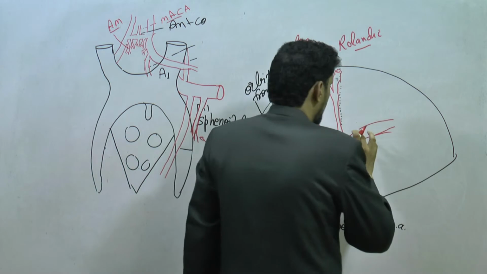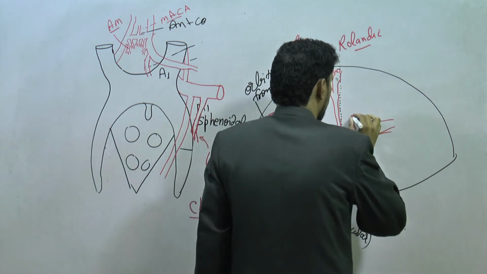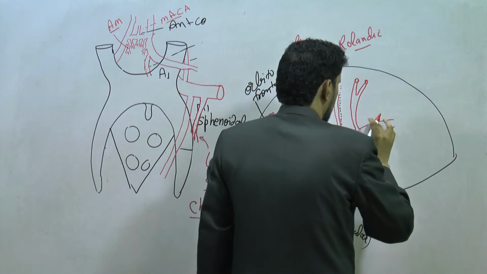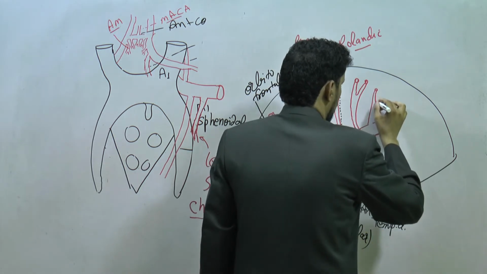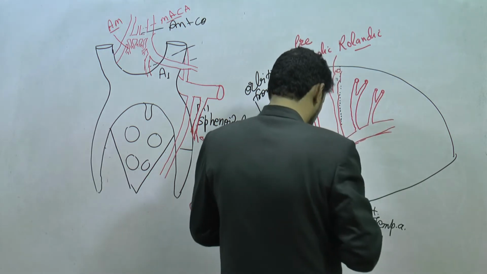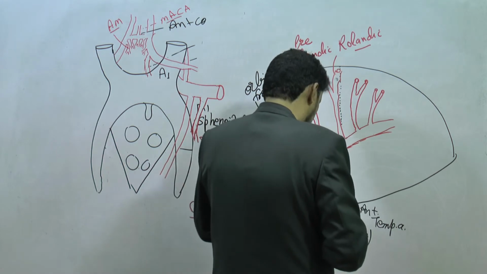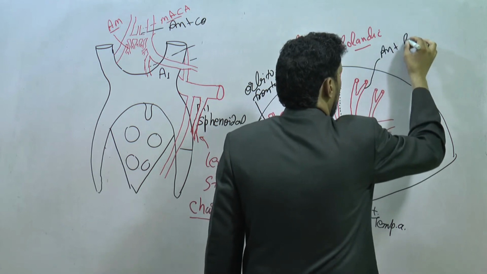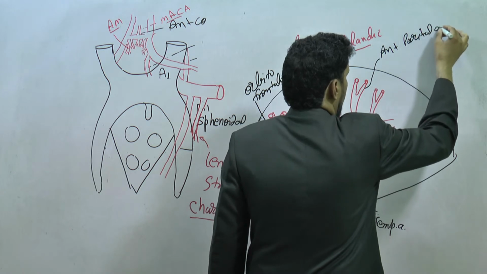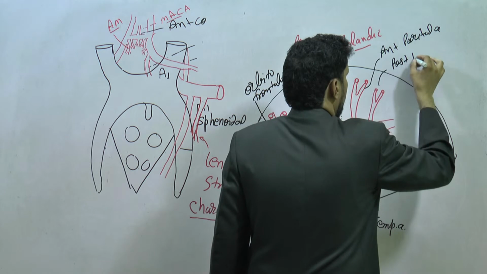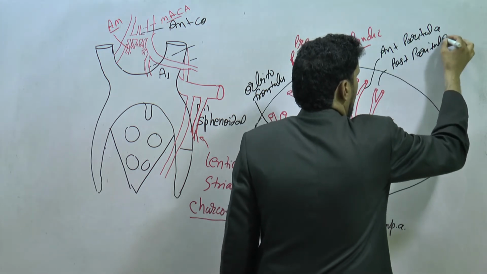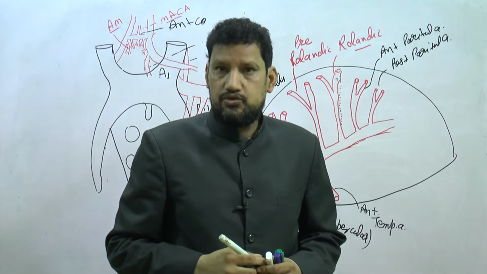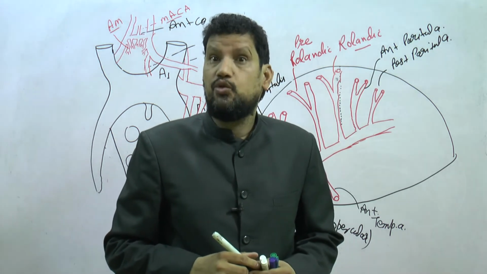The anterior and posterior parietal arteries. These two arteries are supplying blood to the superior and inferior parietal lobules.